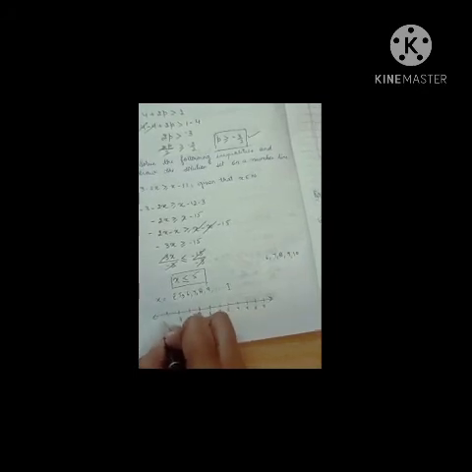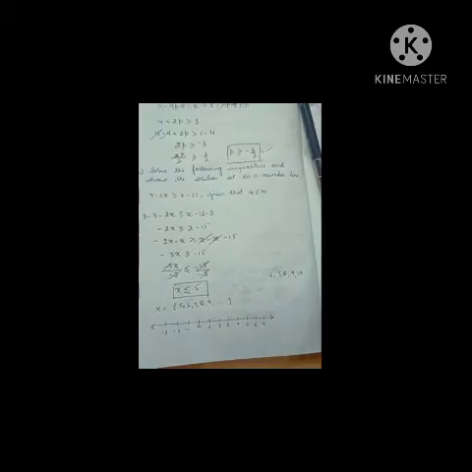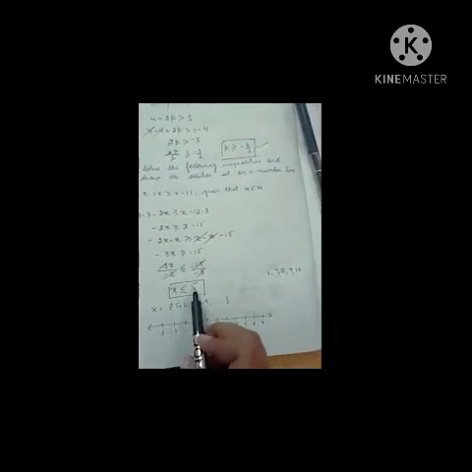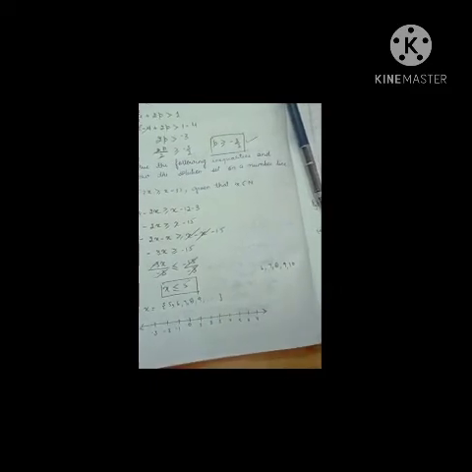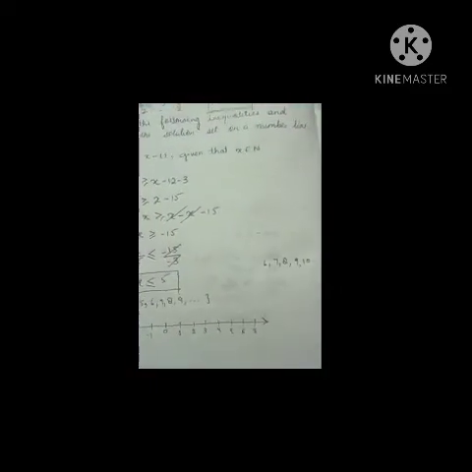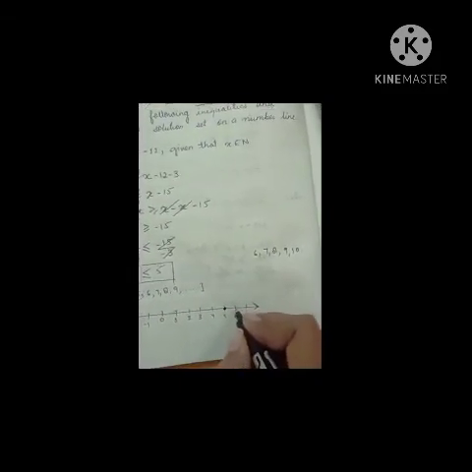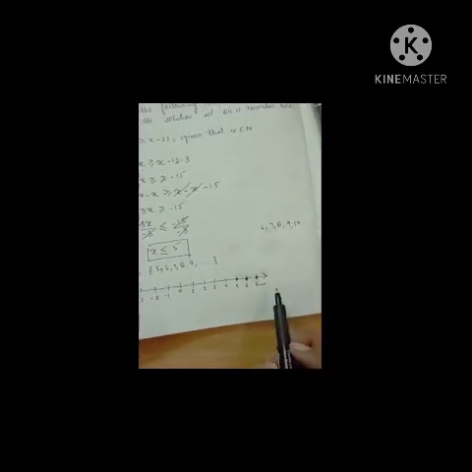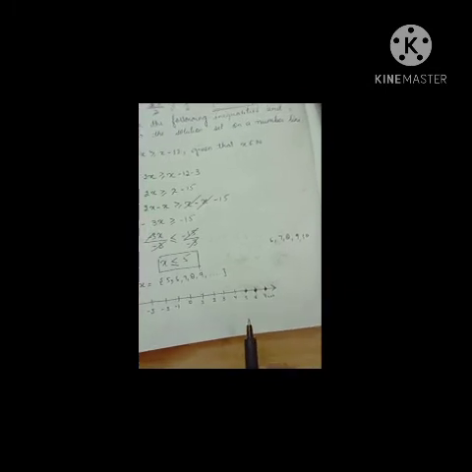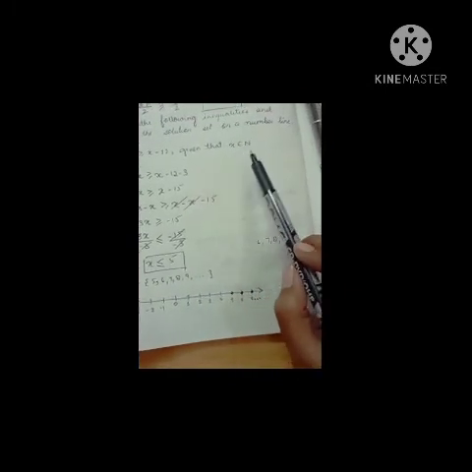We represent it by a filled circle because we are including 5 also, and we have to include 5, 6, 7, 8, 9 and so on. We don't include decimal numbers, so we only make dots like this, and we make 3 dots here to show that it goes on. This is how we represent these types of inequalities when the condition is given that x belongs to natural numbers.